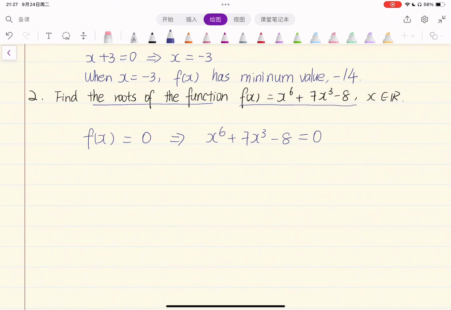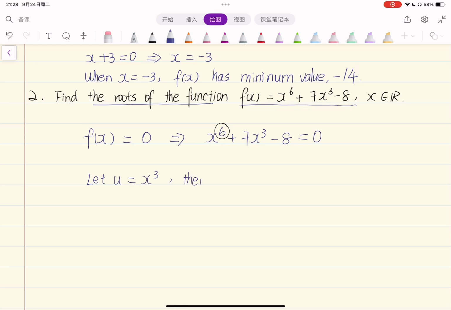We know how to solve a quadratic function, but here we can see the highest degree of this function is 6. What we can do is write it as a quadratic function of x cubed. So we can let u equal x cubed.